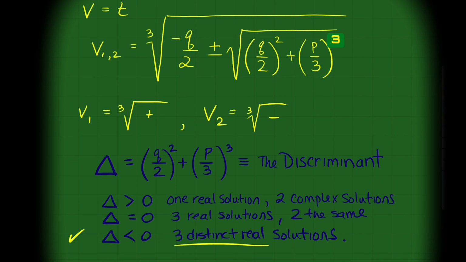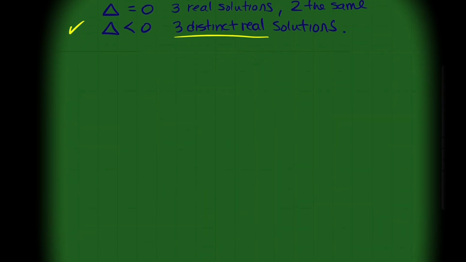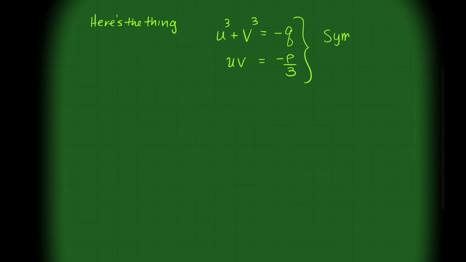Now, although there are three distinct solutions, we're actually only going for the primary or the first solution. So here's the thing. U cubed and V cubed, when added together, equals negative Q, and U times V equals negative P over 3.